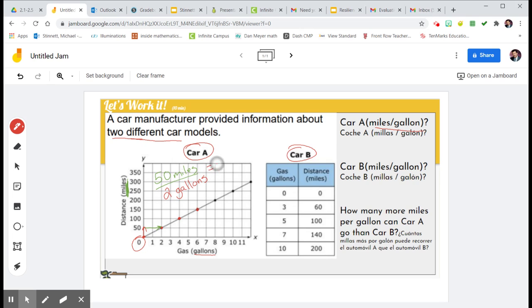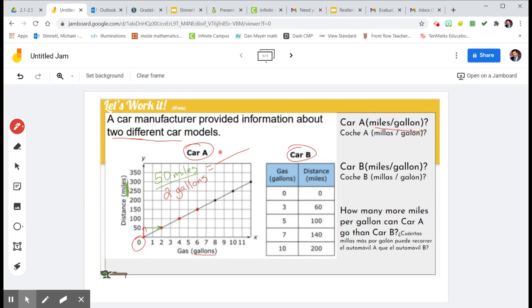So we really want to figure out, well, how far did they go for every 1 gallon? So we could just think about that and we could probably figure it out. But we can also do division. You could put this in your calculator. You could do a lot of different ways, right? But it's just half of 50, right? 50 divided by 2 or 50 over 2 is half of 50.